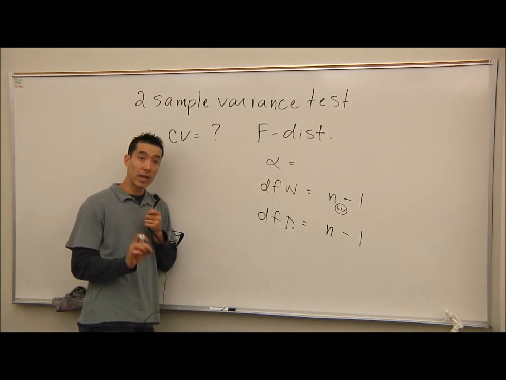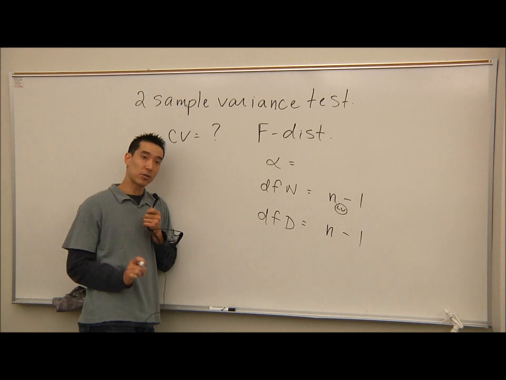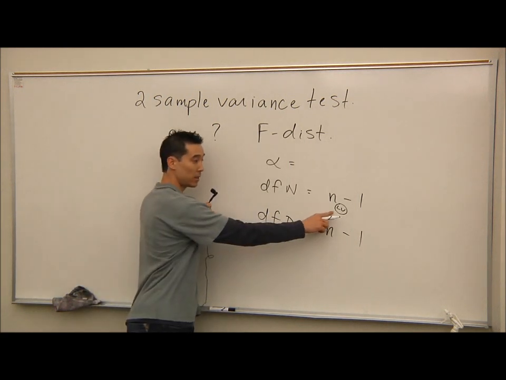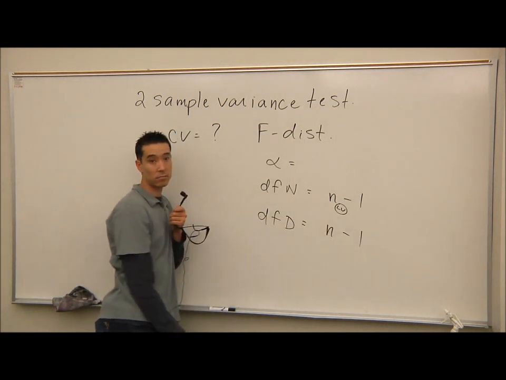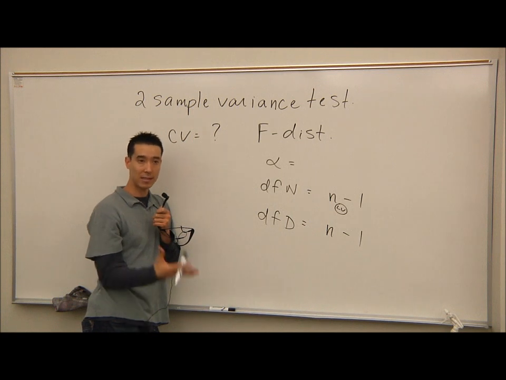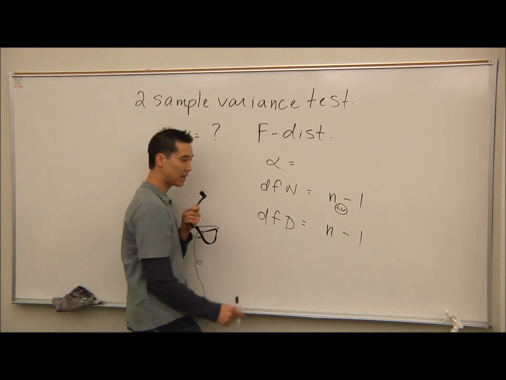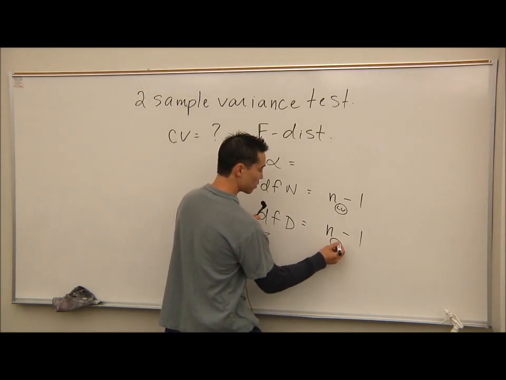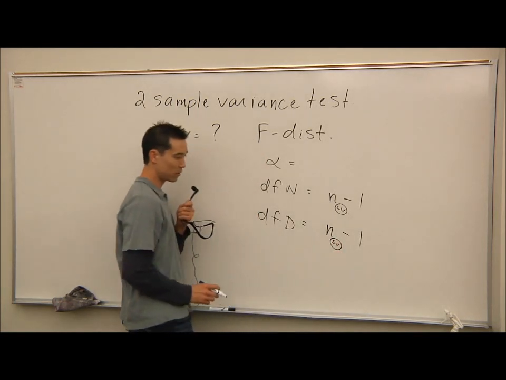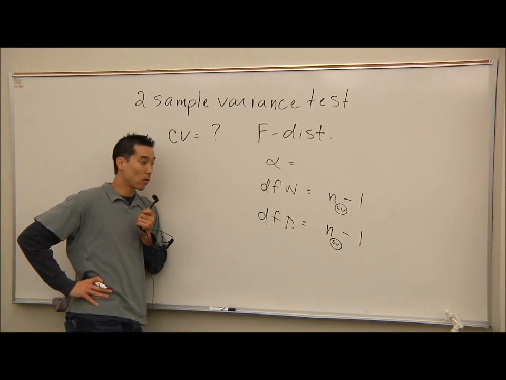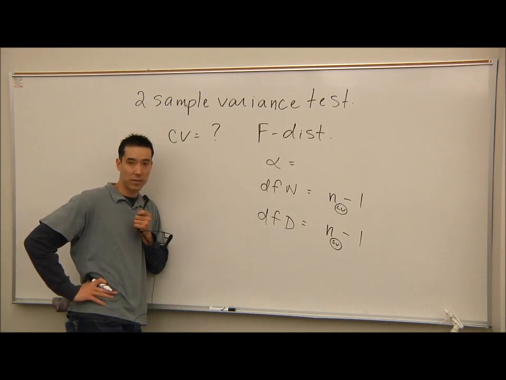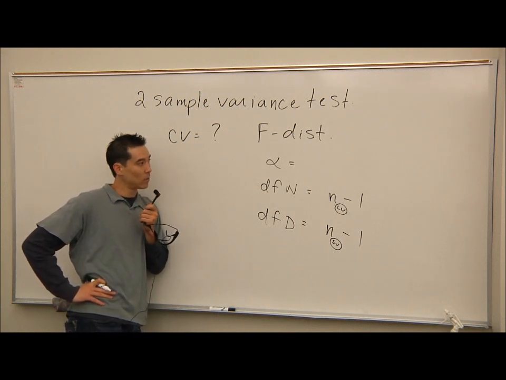Whichever sample has the larger variance, that's going to be your degrees of freedom for the numerator, whatever that sample size was, minus 1. Whichever sample has the smaller variance, I'm just going to call this guy SV, for smaller variance, that's going to be the corresponding N that you put for DFD, okay?